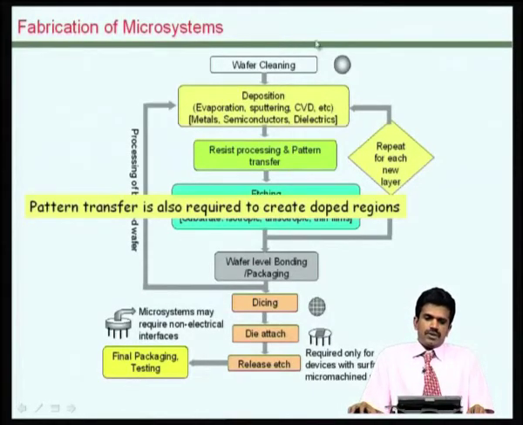So, as you see from the flow of events required for building microsystems, pattern transfer could be used here for building these films patterned. It is also required to create doped regions, as I mentioned previously.